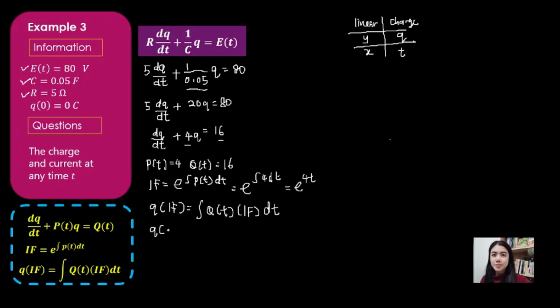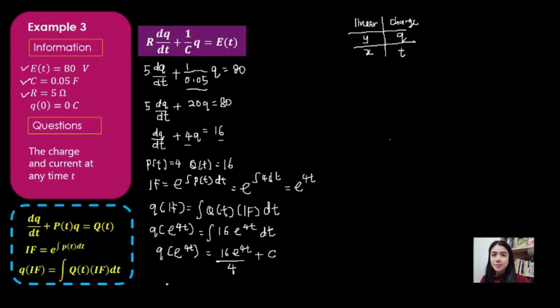Your IF is e to the power of 4t, and q(t) is 16, so we integrate 16 e to the power of 4t dt. Let's integrate our right hand side. This gives you 16 e^(4t) divided by 4, plus c.